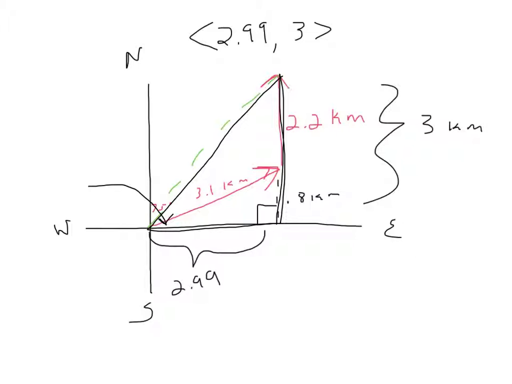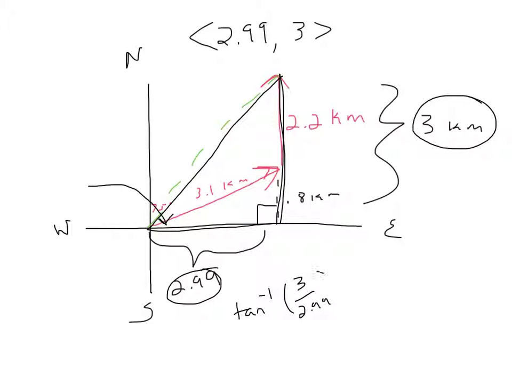So we use our new 3 that we figured out and our new 2.99, and we find the inverse tangent of 3 over 2.99. Remember, TOA, meaning opposite over adjacent. If you take the inverse tangent of 3 over 2.99, you will get 45. And remember, whenever we take the inverse of one of our trigonometry functions, that's going to become a degree.